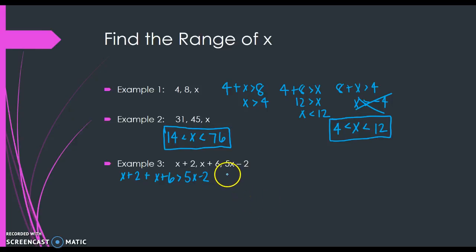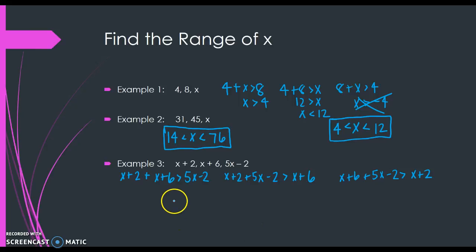For my second inequality, I can do x plus 2 plus 5x minus 2 has to be greater than x plus 6. And for the last one, x plus 6 plus 5x minus 2 has to be greater than x plus 2. All three of these must be true in order for it to be a triangle.